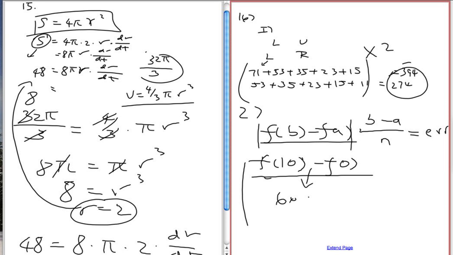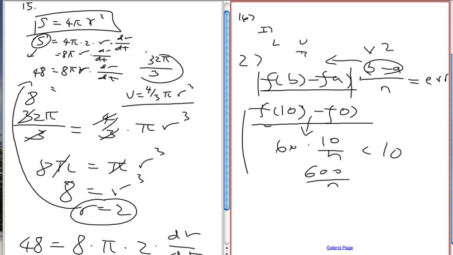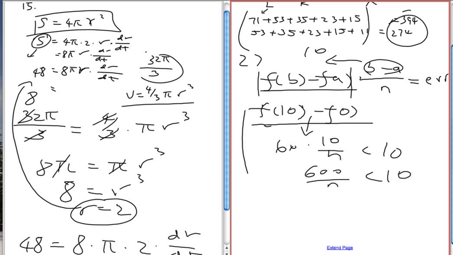And 60 times 10 over N has to be smaller than 10 gallons. So 600 over N smaller than what? 10. So N has to be bigger than 60, to be that accurate.